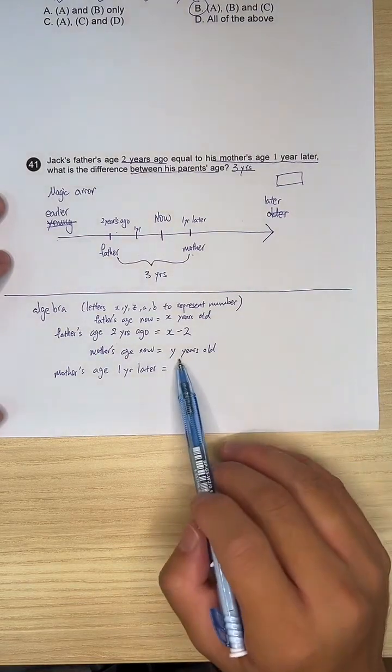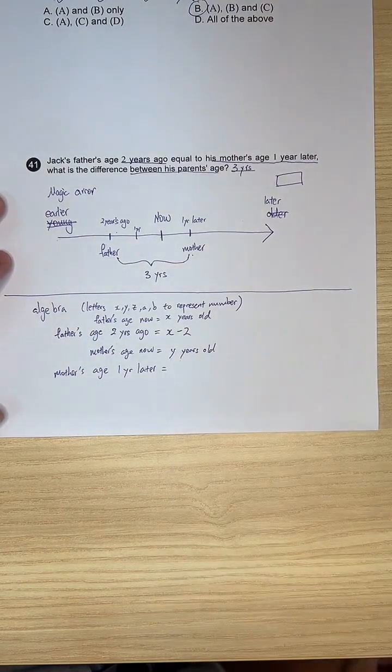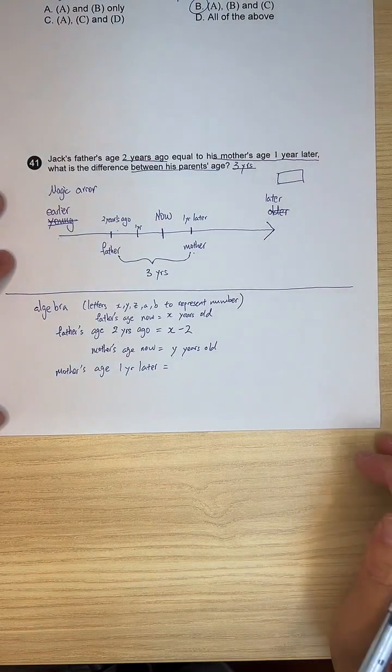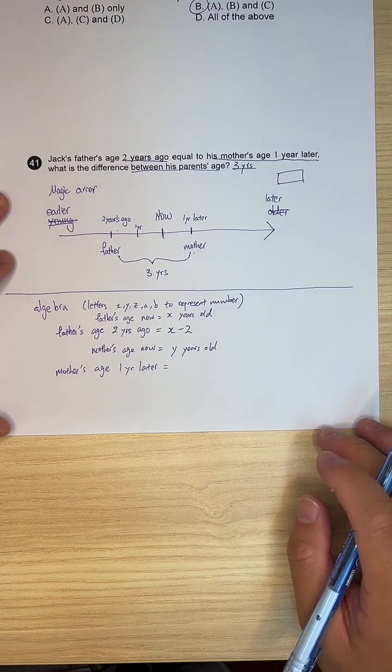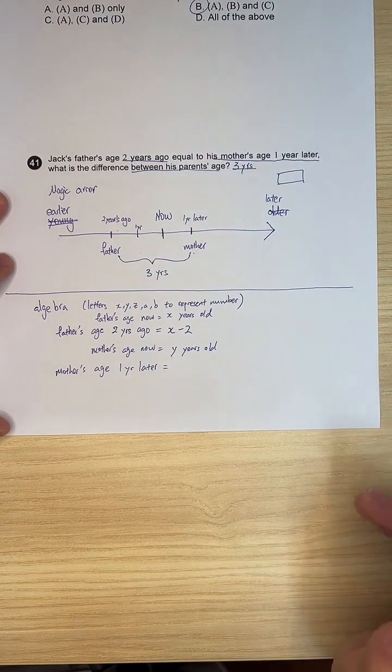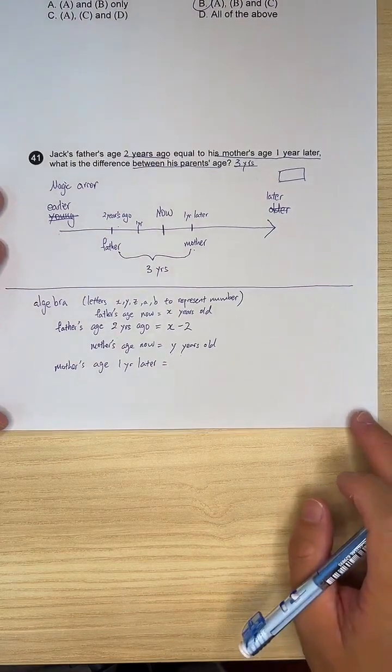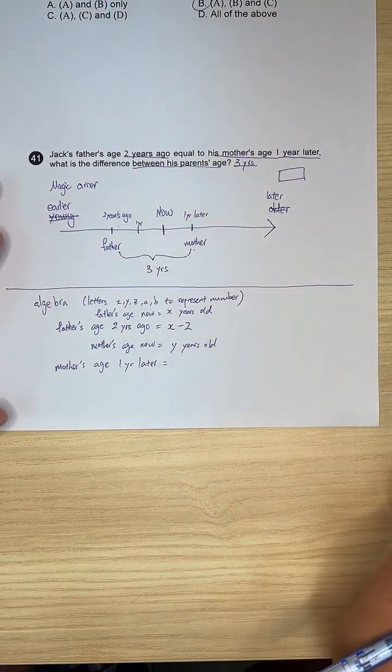Now I want to know mother's age 1 year later. Mother now is Y years old. So 1 year later, what will it be? Okay, Valorant, you want to try? Since you are in Set 2, you should be able to do algebra easily.